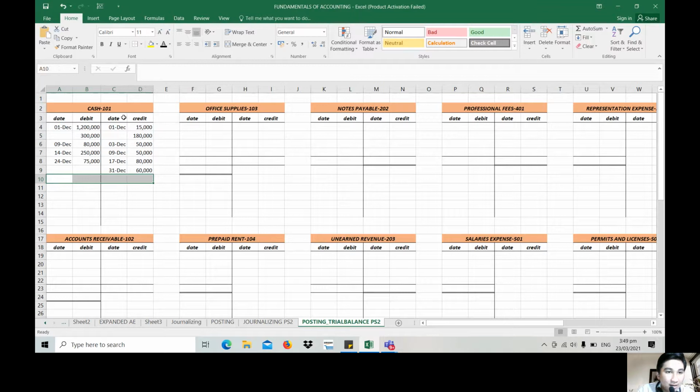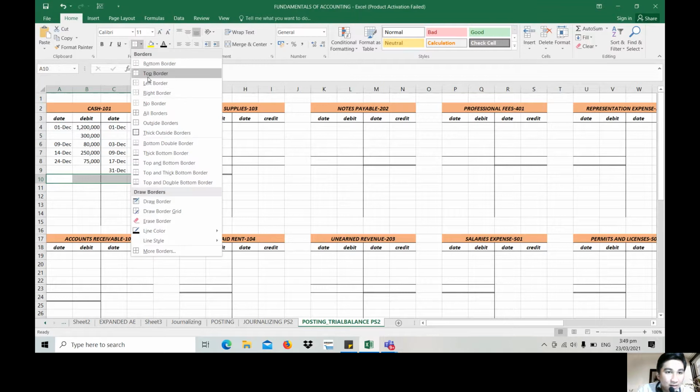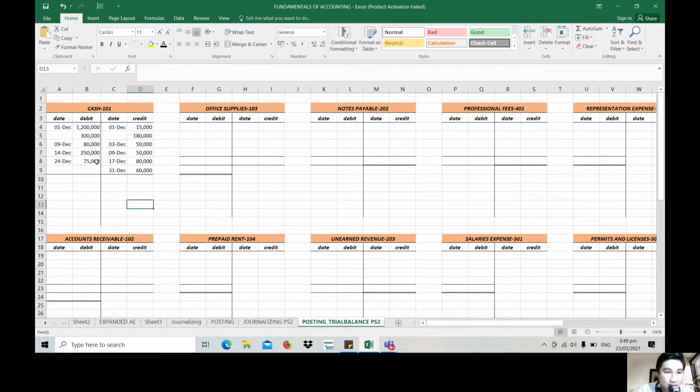Ayan. Lagyan natin ng border. Okay. So, total natin to lahat, guys, using the AutoSum. Okay, pero kung ayaw nyo mag-AutoSum, i-add nyo na lang lahat. Okay. Ayan, so meron tayong total debits na 1,905,000 and meron tayong total credits na 435,000.